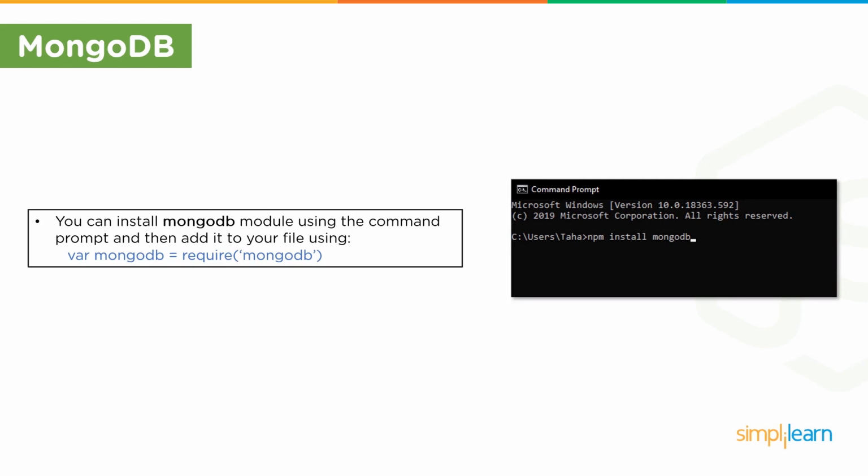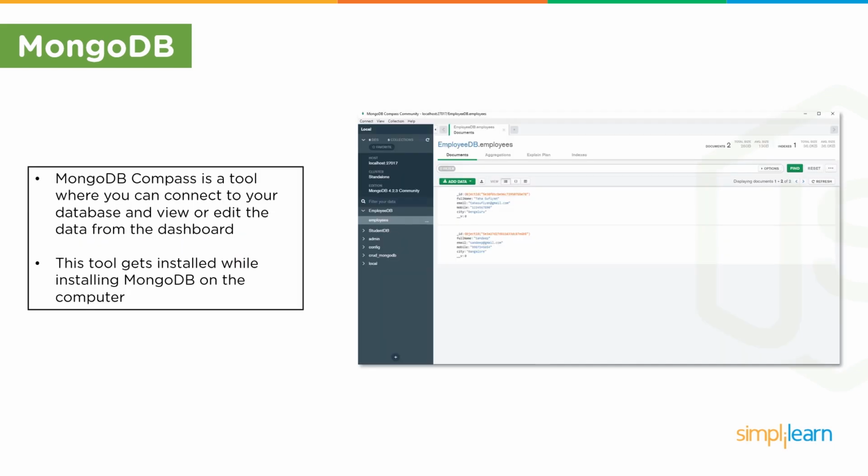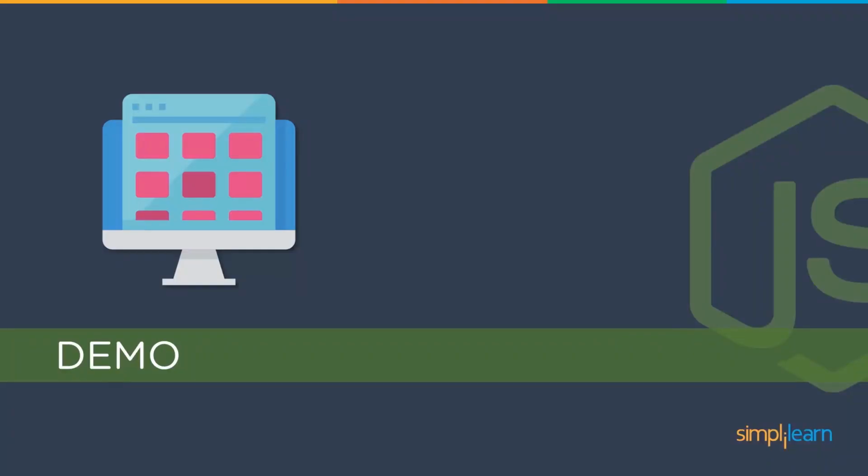You just put in the variable to require MongoDB, and in the terminal window, you would just do npm install mongodb. You actually install the full MongoDB environment on your local machine so you can do your development testing. And you then have to use the MongoDB Compass tool to be able to access and view your solution as you're building it locally.